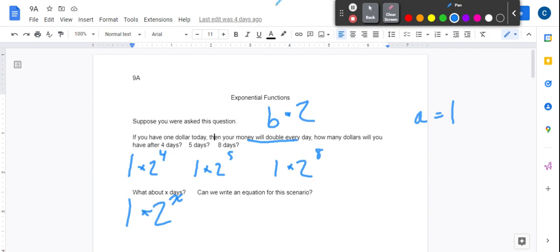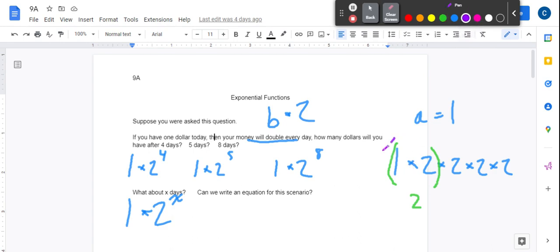The reason for this is, let me take a minute to break it down. How much do we have after 4 days? If we start off with $1 and the money doubles every day, we're going to multiply by 2, by 2, by 2, and by 2. So we start off with $1. After day 1, we have $2.